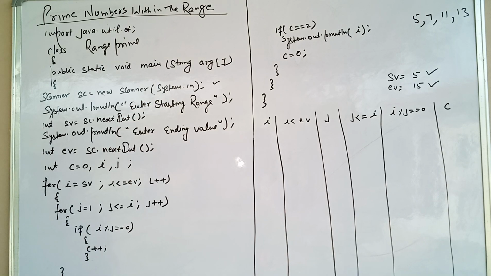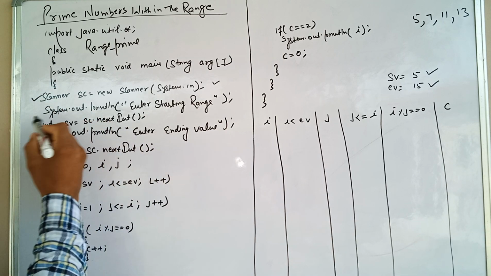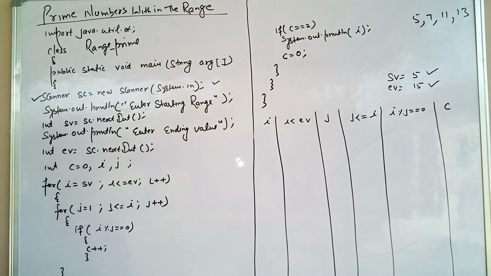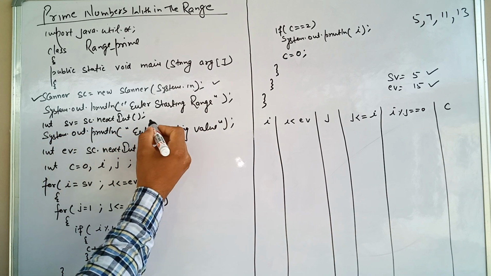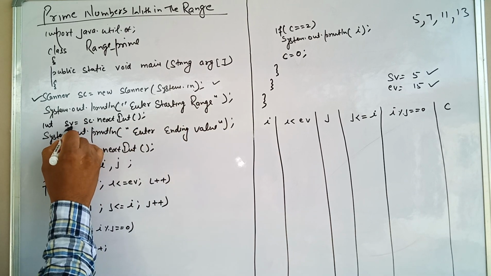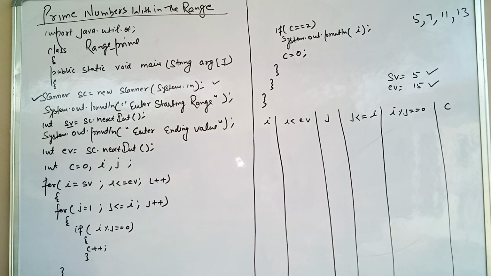The class I have declared with the name range underscore prime. I have written the main method, and I have created the scanner class. Now the first message is System.out.println enter starting range. The starting range I will store in a variable SV.